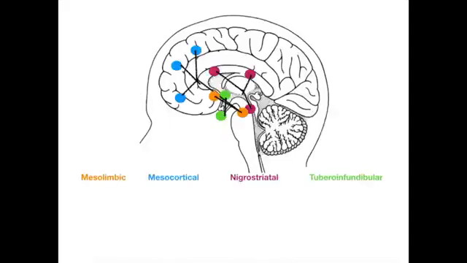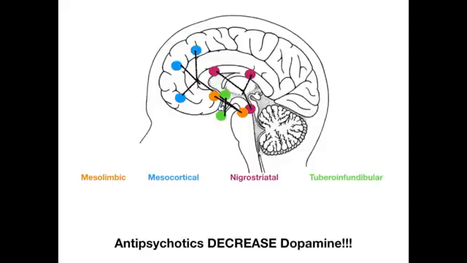Now, here's a review of everything we've talked about so far. The 4 different pathways, color-coded for your studying pleasure: the mesolimbic, mesocortical, nigrostriatal, and tuberoinfundibular pathway. Remember, guys, antipsychotics decrease levels of dopamine. So when we treat schizophrenics or someone with psychosis with an antipsychotic, in the mesolimbic pathway, we're going to improve their positive symptoms because we're decreasing the too high levels of dopamine.